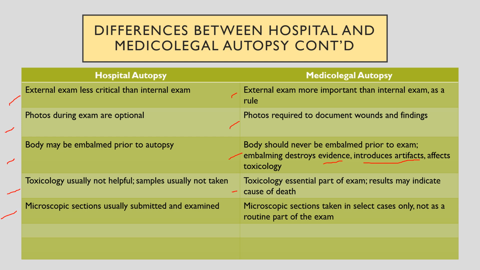So they are usually submitted, and after submission, that's when they are actually examined. Then for medico-legal autopsy, microscopic sections are taken in selected cases only, not as a routine part of the exam. So these are the differences between the hospital autopsy and the medico-legal autopsy.